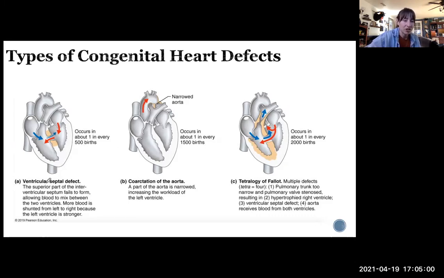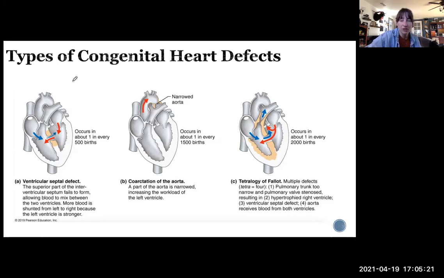Your ventricular septal defect is going to be a hole in the interventricular septum, right? So if you've got a hole there, then you've got blood flowing back and forth between the two ventricles, which means that you're going to have some already oxygenated blood going to the lungs, and you're going to have some deoxygenated blood making its way to the rest of the body.